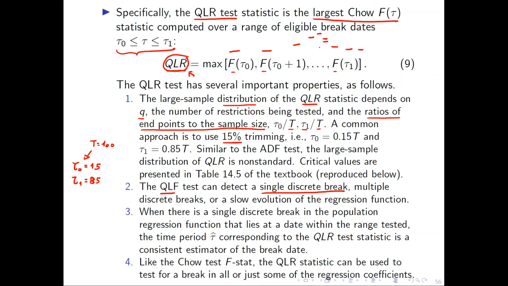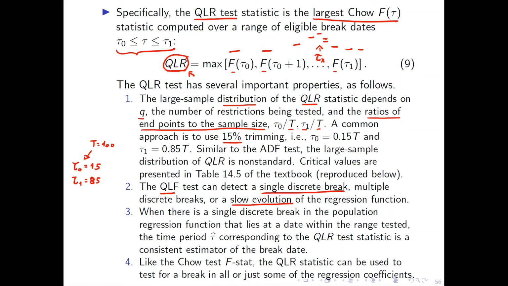Then you know that this tau x is probably the break date. But if you have a very slowly evolving pattern, then that would be evidence of a slow evolution of the change in the regression function.